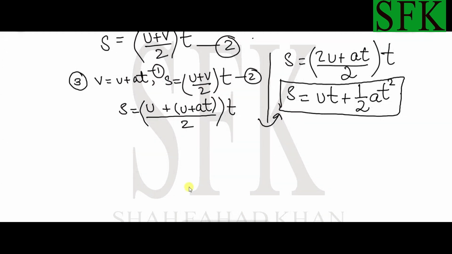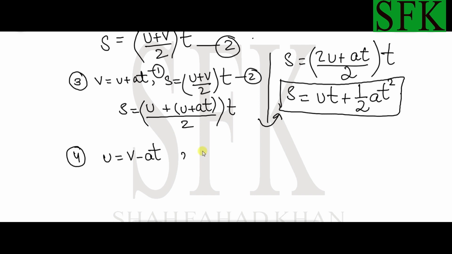Now let's derive the fourth equation of motion. In this fourth equation of motion, at first what we did was we plugged in the v in the second equation. Now let's make u the subject. Making u the subject, it becomes v minus at. Plug in v minus at in place of u in the second equation.